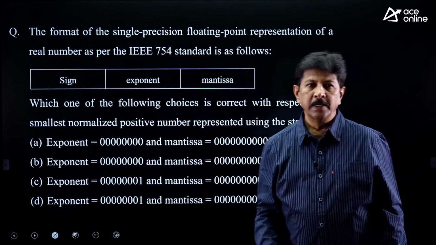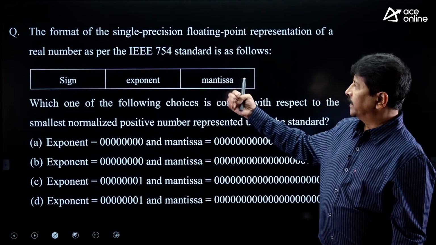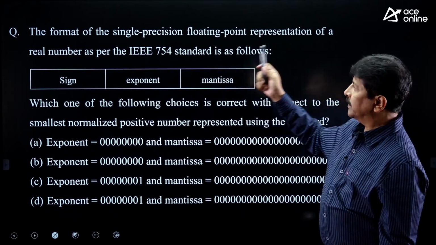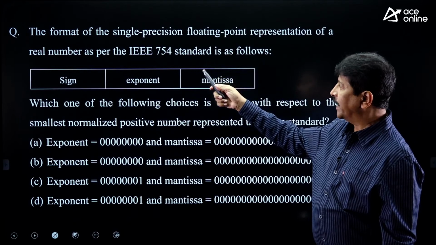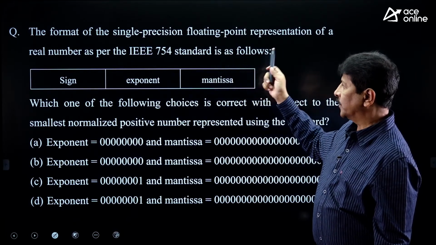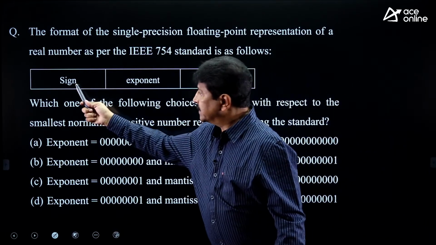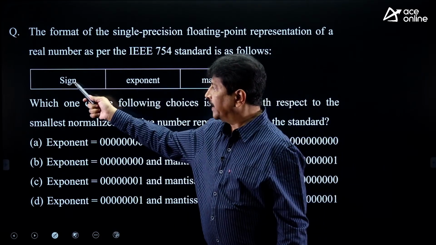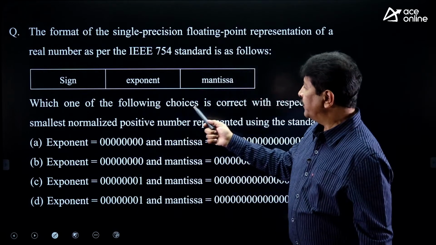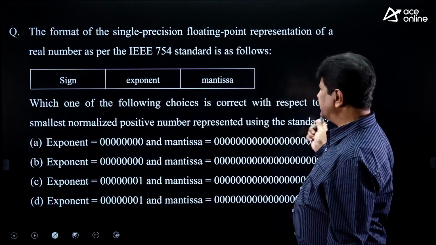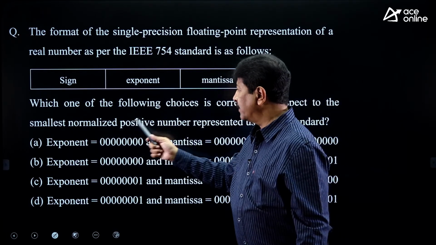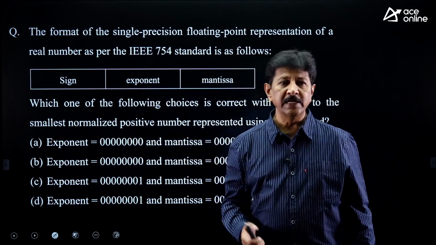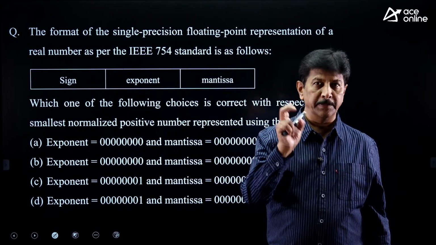Okay. So sometimes an objective question comes like this one. A single precision floating point representation of a real number as per the IEEE 754 standard is as follows: sign, exponent, mantissa. Sign means the sign of the mantissa. Which one of the following choices is correct with respect to the smallest normalized positive number represented using the standard? So he is asking about the denormalized number.